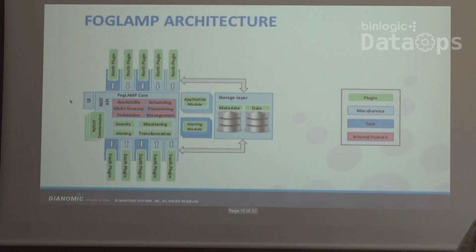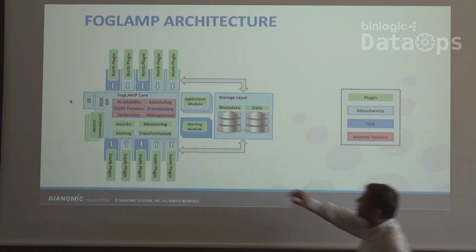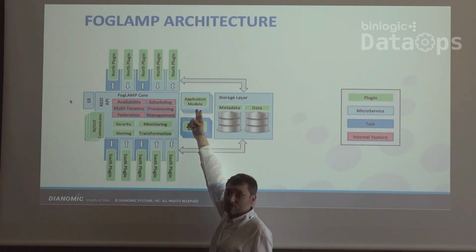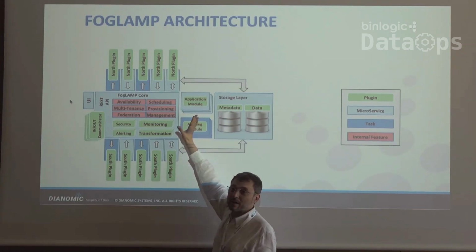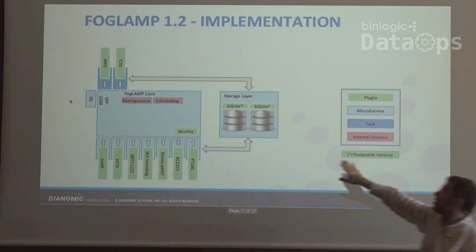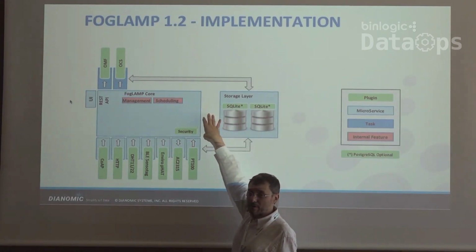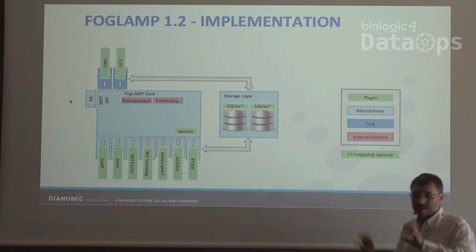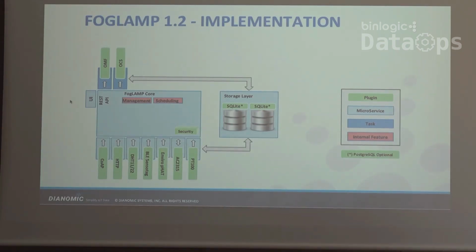In here, the idea is that applications can be even more connected as a microservice for FogLAMP, but we are not there yet. As you can see from the architecture to the implementation, we don't have this module yet. We have designed it, so the FogLAMP architecture is designed to handle it, but we don't have it yet.